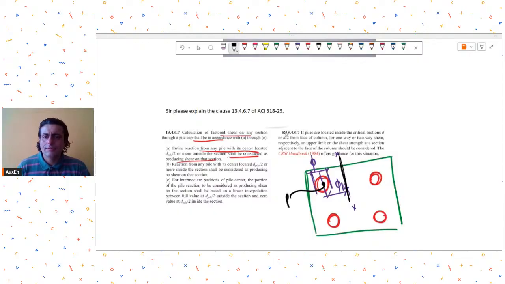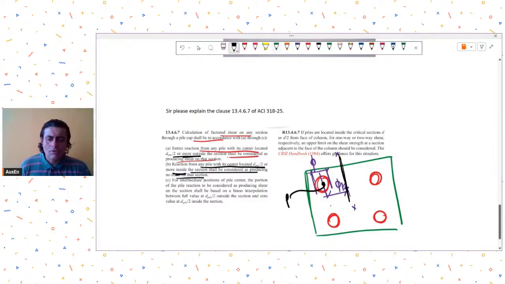Okay. Then reaction from any pile with its center located d/2 or more inside the section shall be considered as producing no shear. So this is d/2 or more inside, and this was d/2 or more outside. Actually, they should have written d/2 or less.